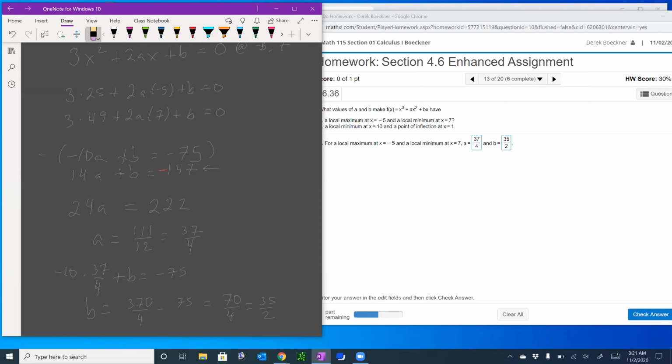That changes all this stuff. Okay, minus 147 plus 75 is going to be minus 72.